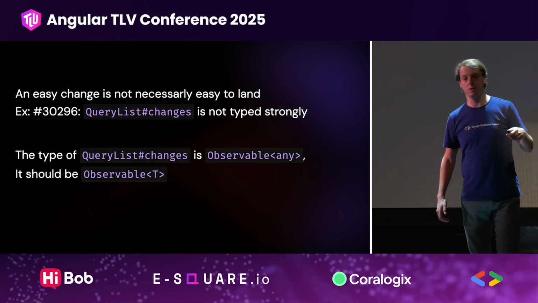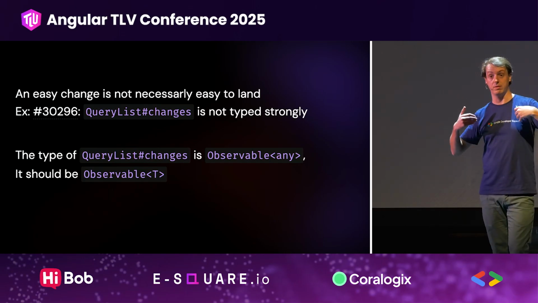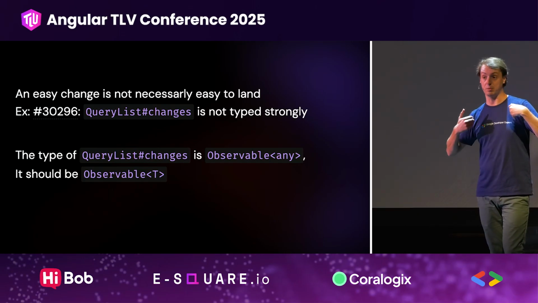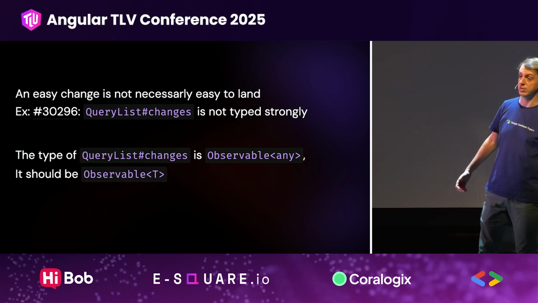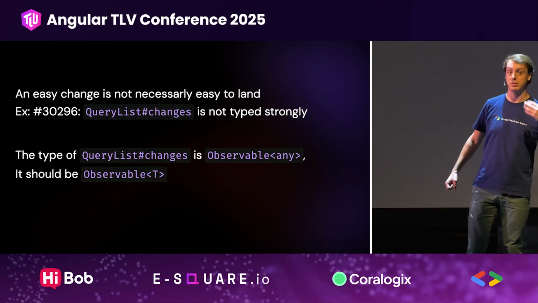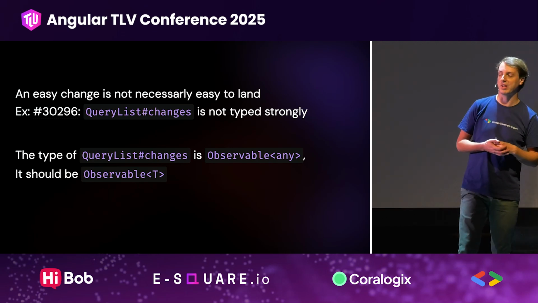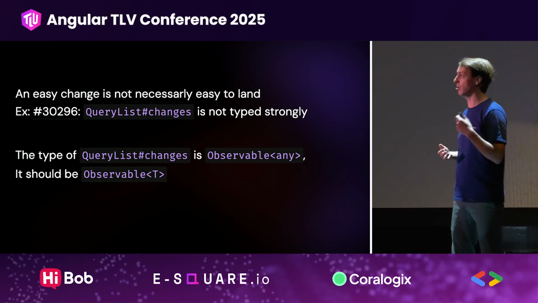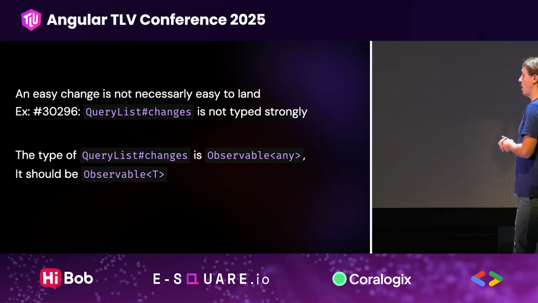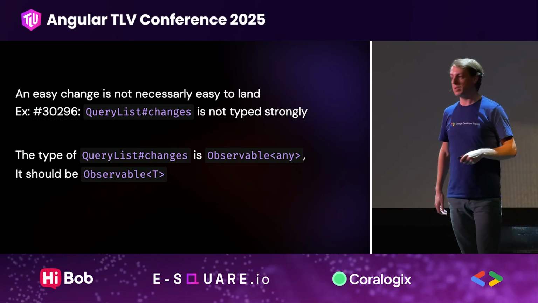And sometimes it's not worth it for us to land a breaking change, because it means that we need to migrate our own code base at Google, meaning that we need to migrate the 4,000 applications. Sometimes, if it's really worth it, we write a migration, like you also have when you do ng update. But sometimes we think that it's not worth it to spend time to migrate all the 4,000 apps. So what we do in those cases is that we say, we don't want to do it.